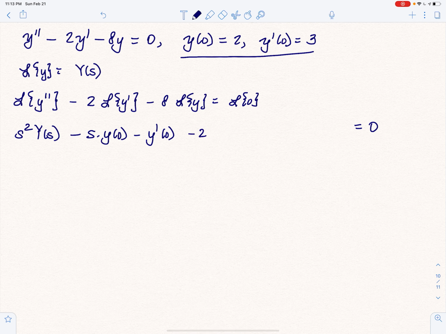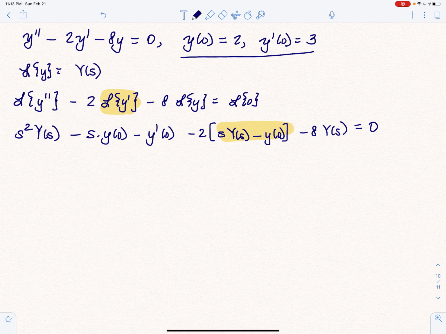So minus 2, now the Laplace transform of y prime is s times Y of s minus y at 0.